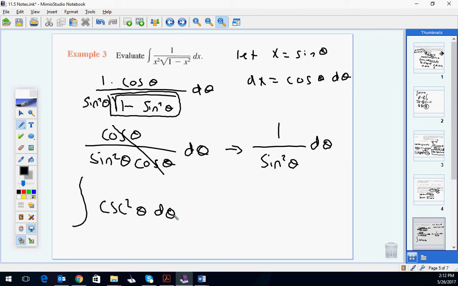Sorry, trigonometry is kind of magical sometimes. So you went from that really ugly thing at the top to a simple integral of cosecant squared theta. And the good news is that right there is on your formula sheet. If you integrate cosecant squared theta, you get negative cotangent theta plus c.